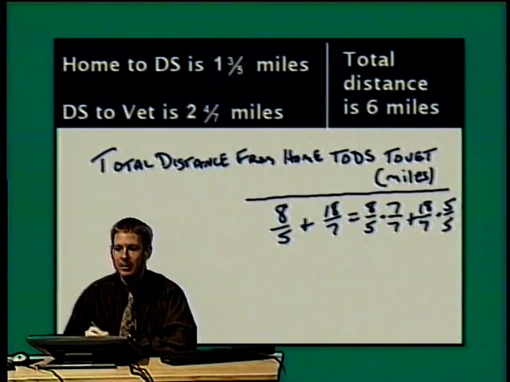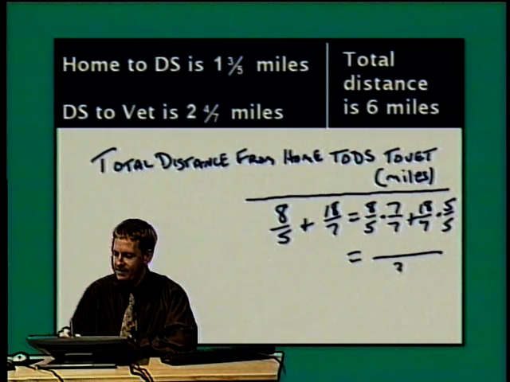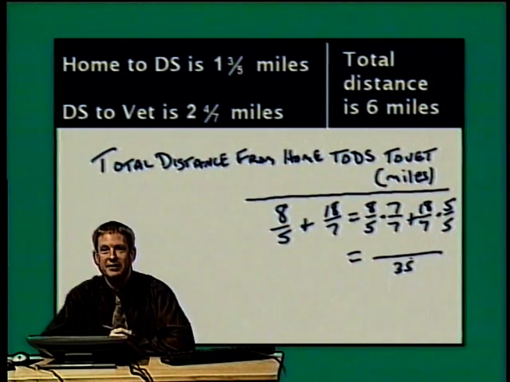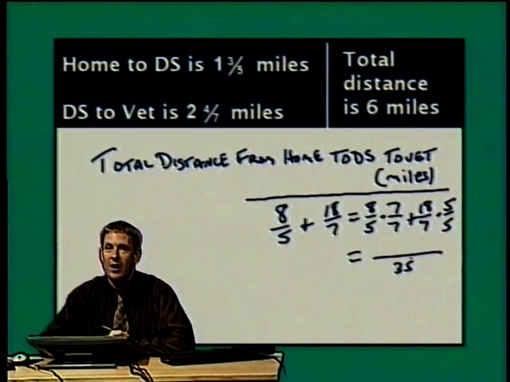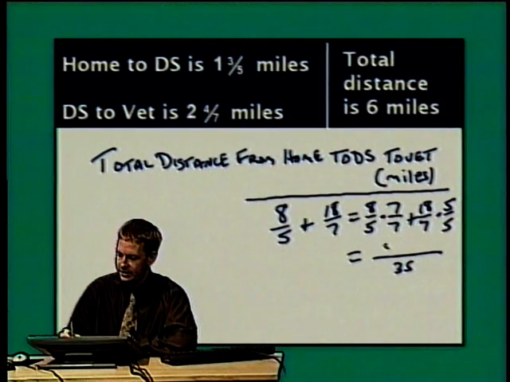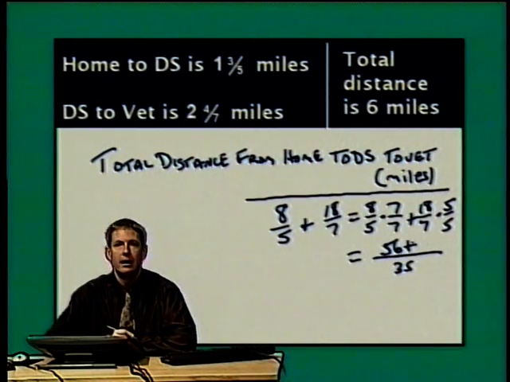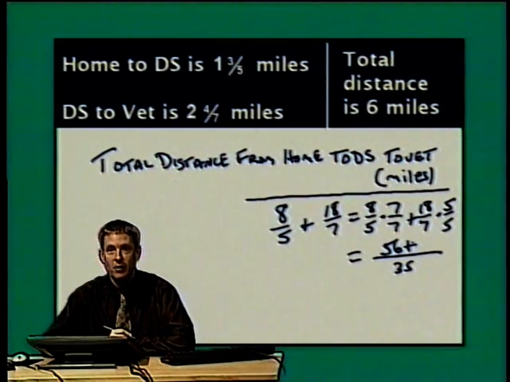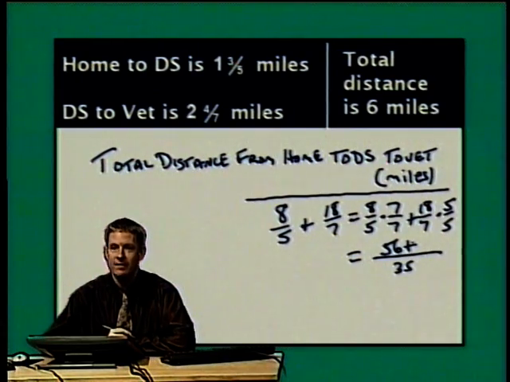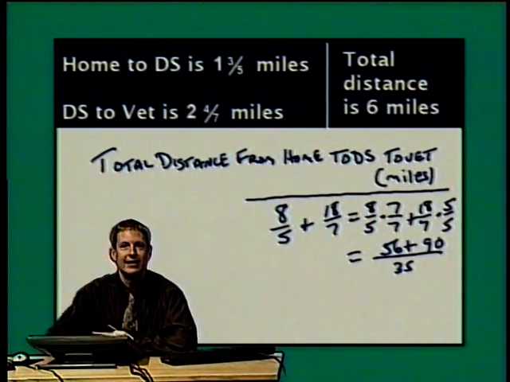I now have my common denominator of 35, so I'll go ahead and write one big fraction with a denominator of 35. I need to multiply my numerators and then add them. The first numerator is 8 times 7, which is 56. I need to add to that the second numerator, which is 18 times 5, which results in 90.